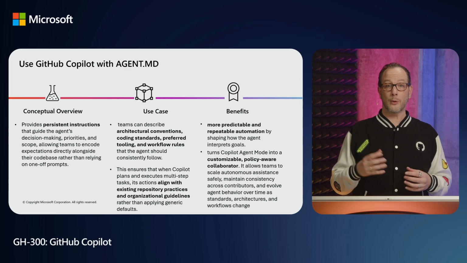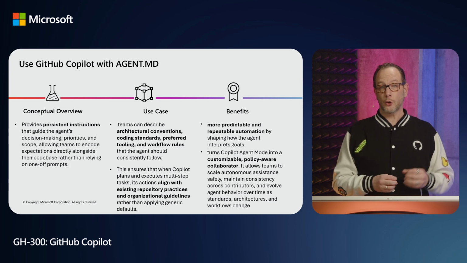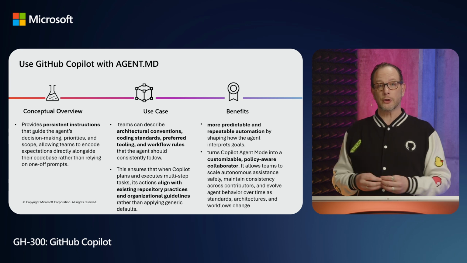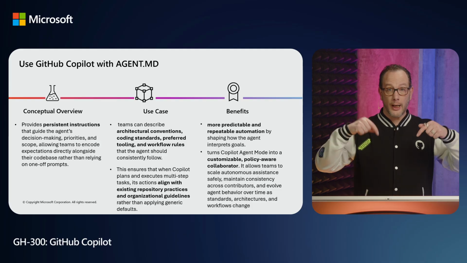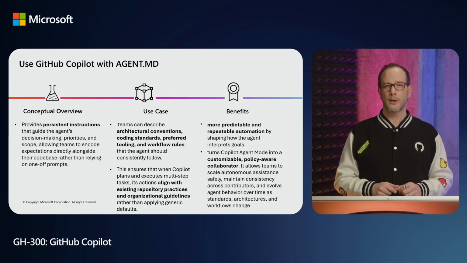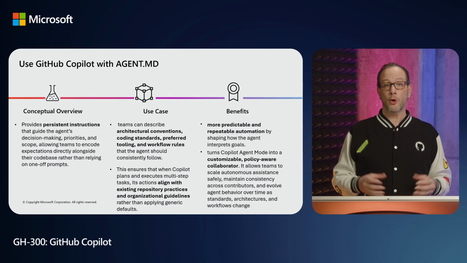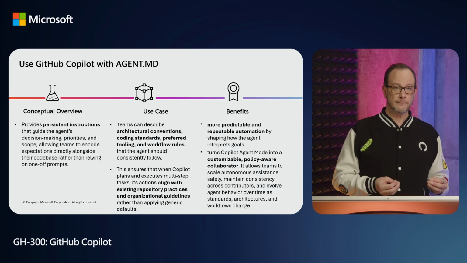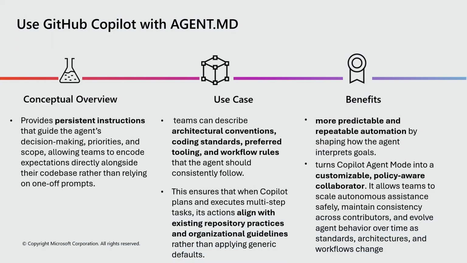Instead of relying on repeated prompts, teams like yours can encode rules, standards, and expectations directly in the repository, using nothing more than a set of markdown files. The benefit here is predictability. AgentMD turns your Copilot into a policy-aware collaborator, allowing your team to scale automation in a safe way while maintaining consistency across contributors and time.